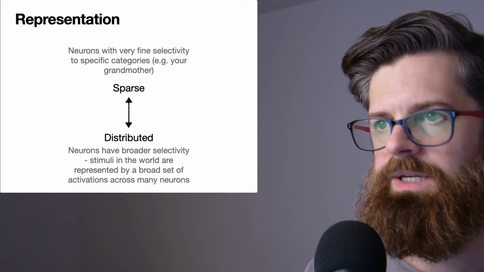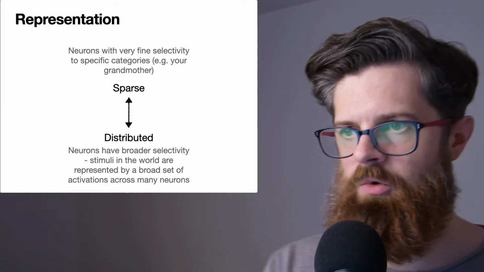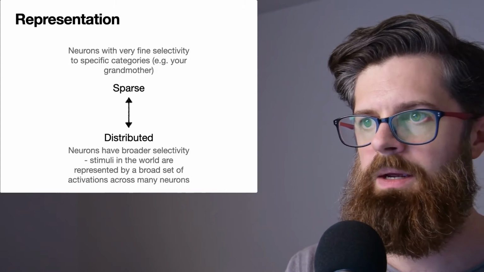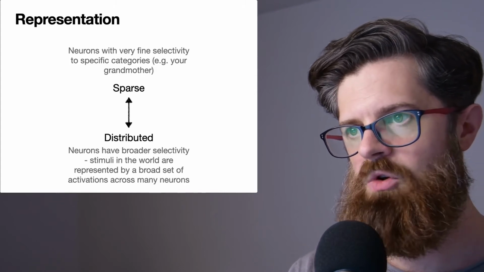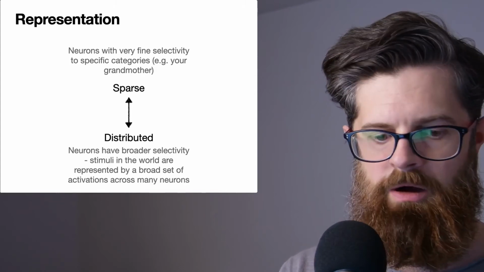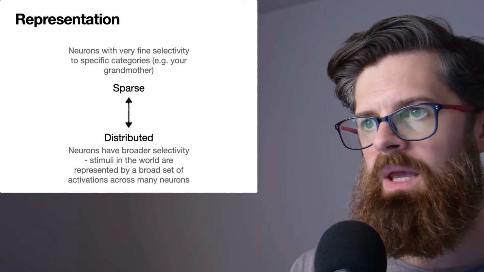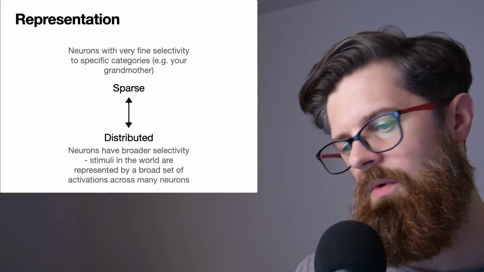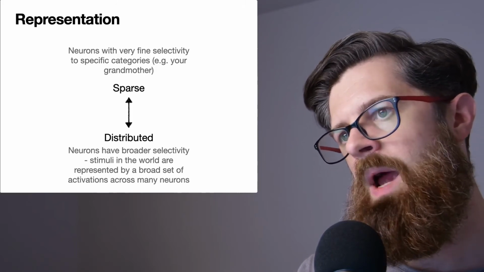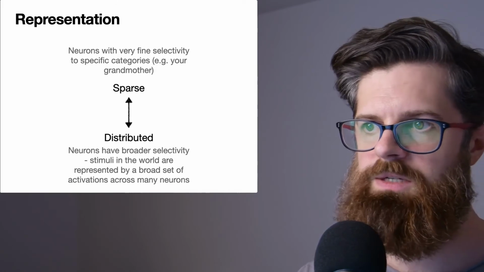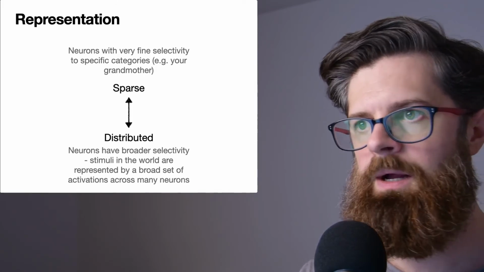Another example here, which is slightly more abstract, so it's difficult to show you a picture. Another long-running debate about the way in which the world is represented in your brain is the question of where the representation sits on the spectrum of being sparse versus distributed.